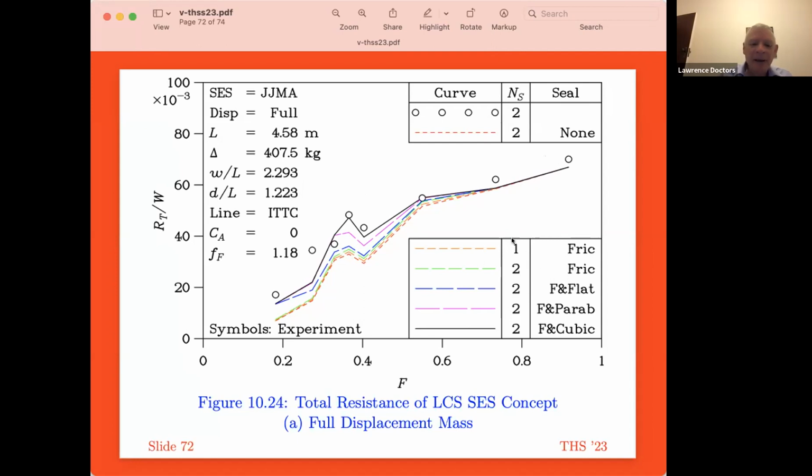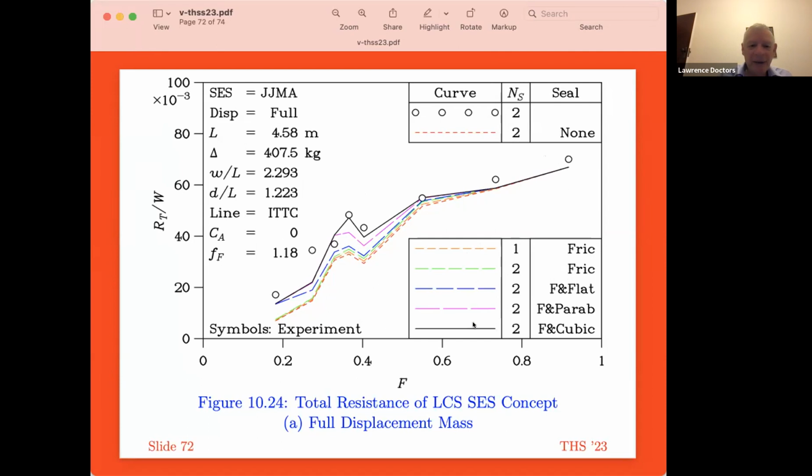First of all, I tried just the friction of the seals. So the red line here is ignoring the seal altogether. The orange line is the friction on the bow seal. The green line is friction on the bow seal plus friction on the stern seal.